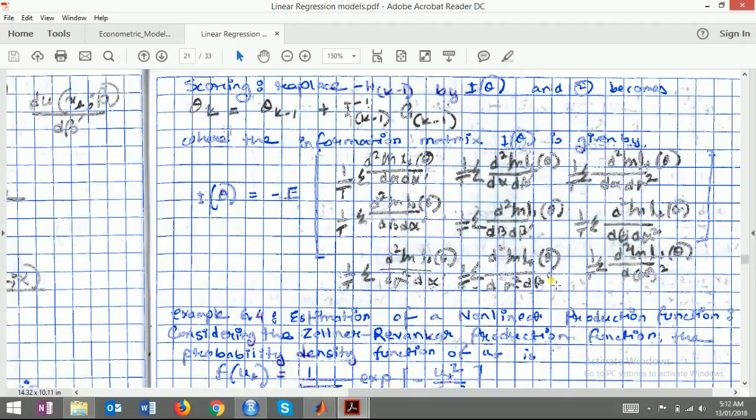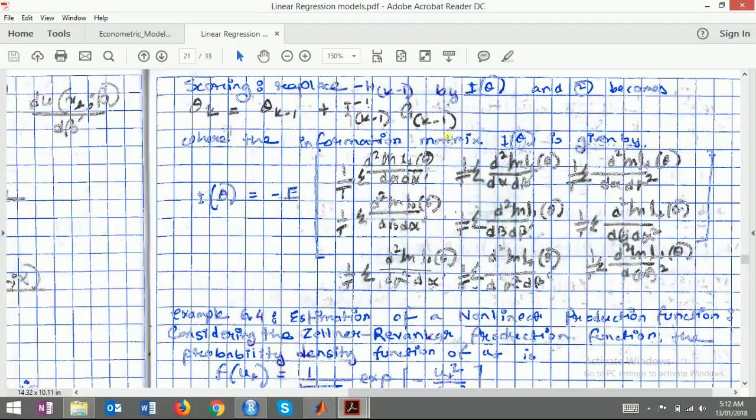So we have gradient divided by Hessian. Instead of negative Hessian, we can write I theta, the information matrix, and that equation becomes theta k equals theta k minus 1 plus gradient divided by information matrix.